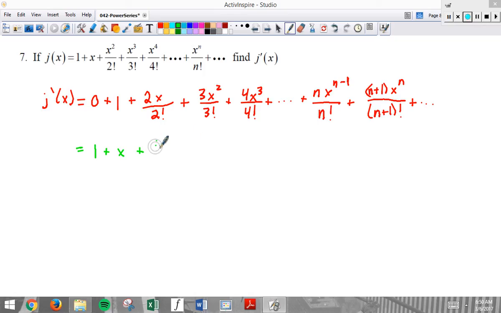It's x squared. 3 over 3 factorial equals 3 over 3 times 2 times 1, 1 over 2 factorial. 4 over 4 factorial. Again, it's not 1. It's not 4 either, sorry. It's 3 factorial.